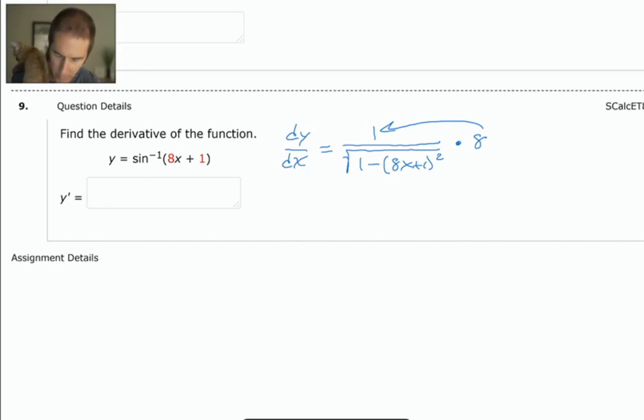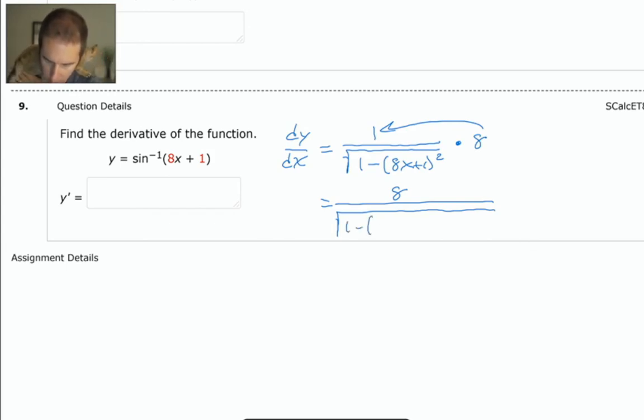Let's multiply this out under the square root symbol and see what we get, just to make sure there isn't something unusual that happens as we try to consolidate this. So we've got 1 minus, and then when we square this, we get 64x squared plus 16x plus 1. And then we have to distribute this minus sign.